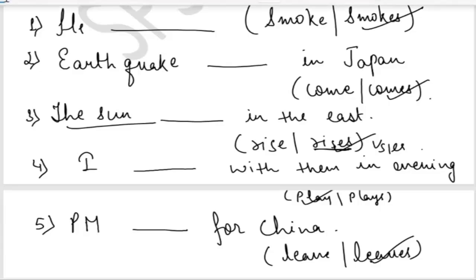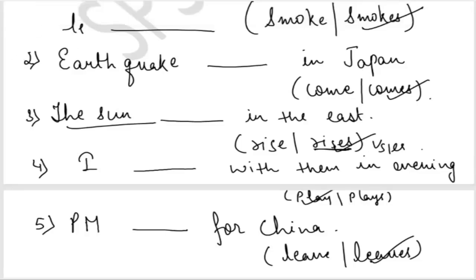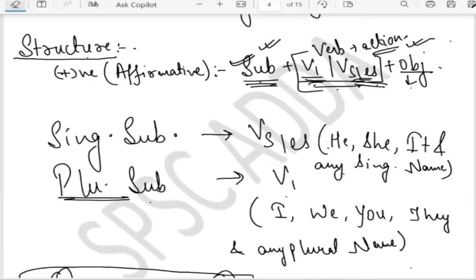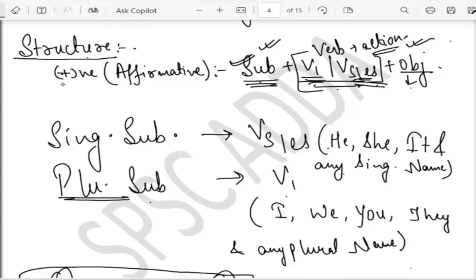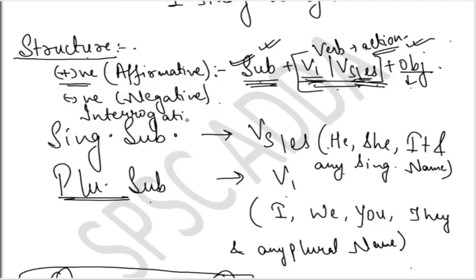All right. So, my next class will be on Thursday. I'm giving you one task to do before my next class. I have given you the structure of positive sentence. I want you to find out the structure of negative sentence and interrogative sentence of simple present tense.